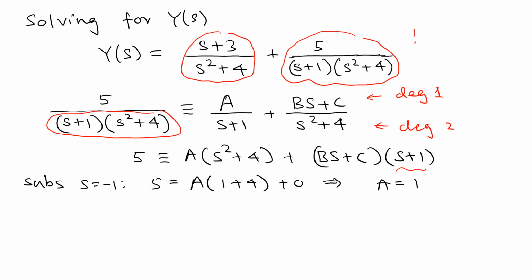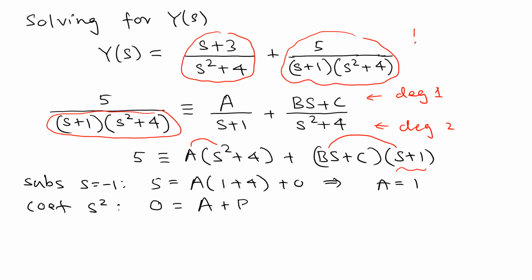We always start with the highest coefficient, the highest term. In this case the highest term is s squared. You can see that there's no s squared term on the left side, so the coefficient is 0. How do we get an s squared term? You get one when you multiply these two, so the coefficient is A. And also when you multiply the first terms, bs and s, you get an s squared term, so the coefficient is b.